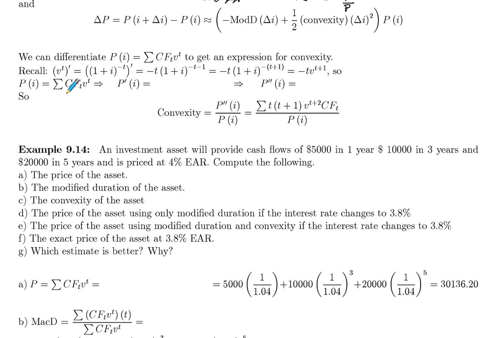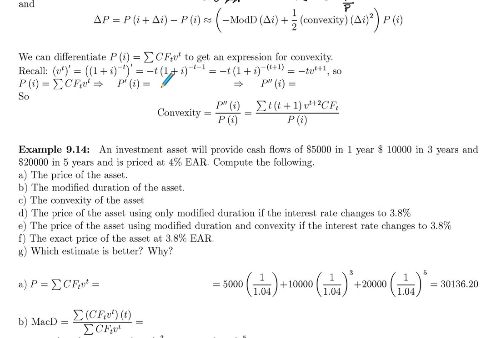Okay, we're going to apply that here to the formula for P of I. So if we want to find P prime of I, what we'll do is take our formula P of I and just differentiate term by term. These cash flows here, those are constants. They may be different cash flows at different times, but they're constants. But this quantity down in front of there, that's just going to get multiplied by the negative t out in front.